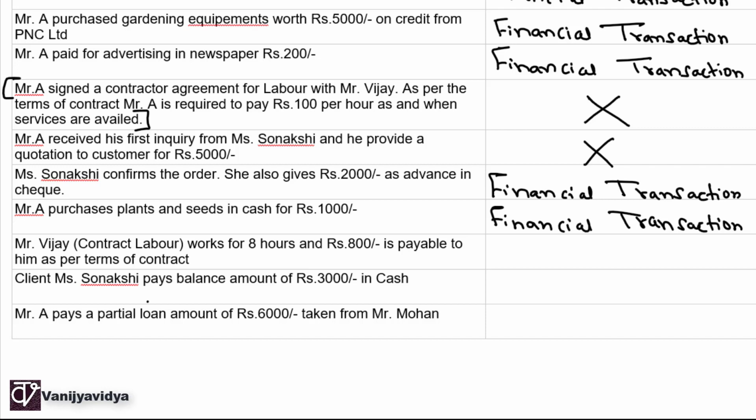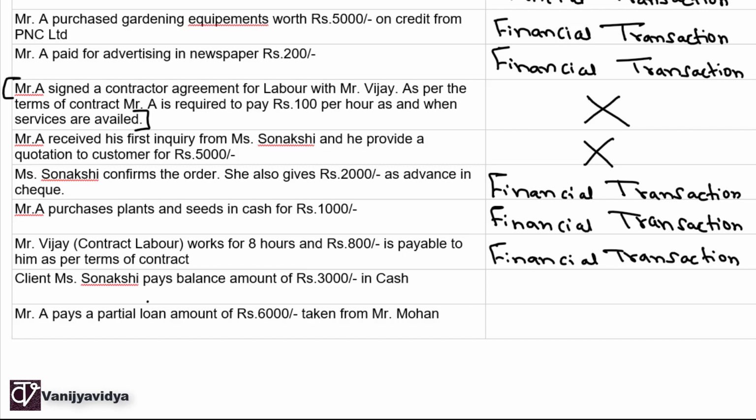So accordingly, Mr. Vijay works for 8 hours and rupees 800 is payable to him. Now there is obligation for Mr. A to pay Mr. Vijay for his services acquired. So this is a financial transaction.